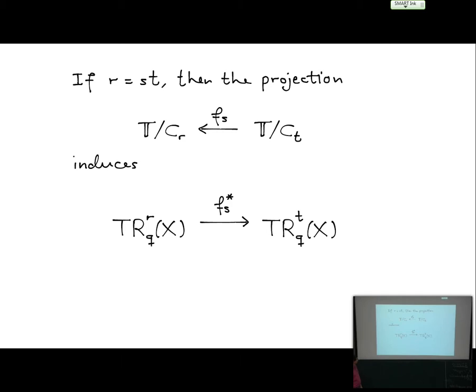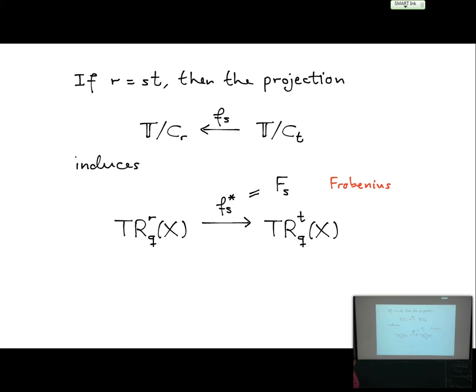And this induces a map in the opposite direction on equivariant homotopy groups, because this was maps out of these things. And this map we call the S-Frobenius map.